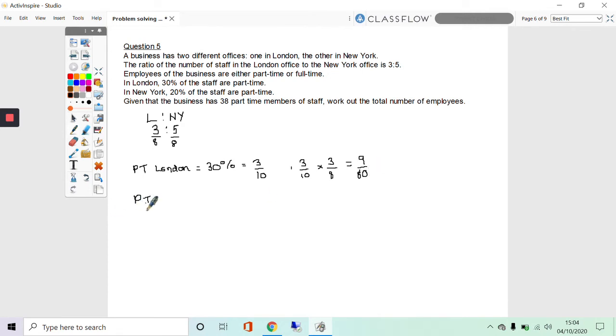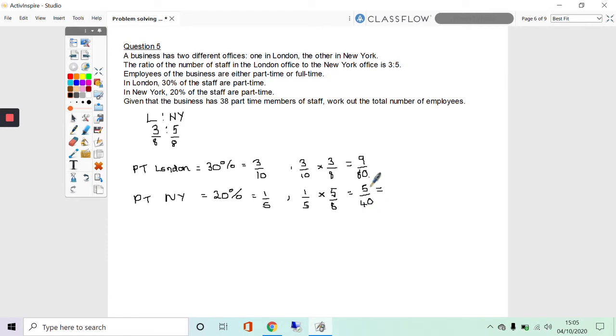And then let's have a look at New York. So that's 20% of staff are part-time, and that's 1/5. So 1/5 of 5/8, and remember of means multiply, will be 1/5 times 5/8. So that's going to be 5/40.